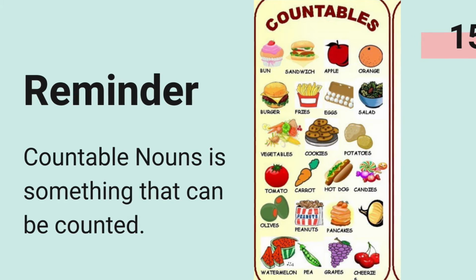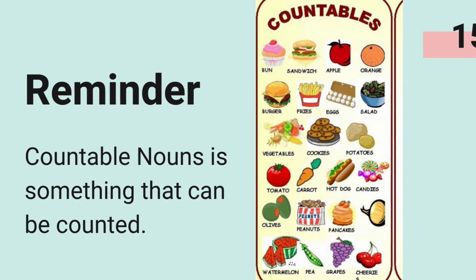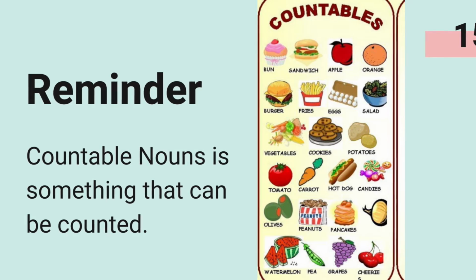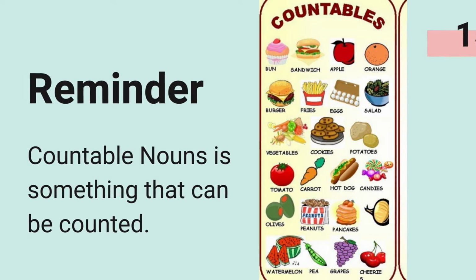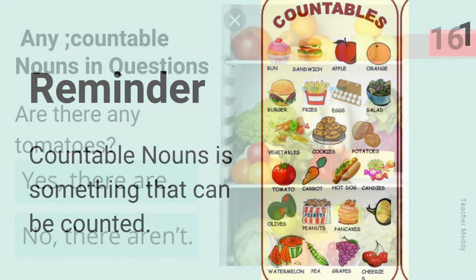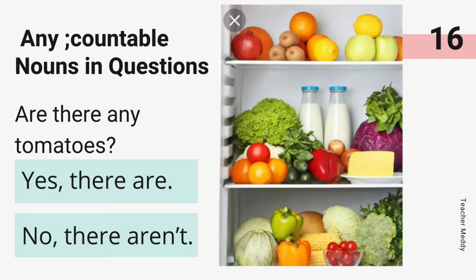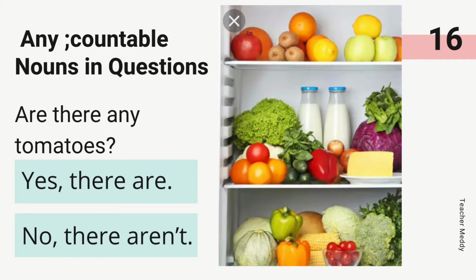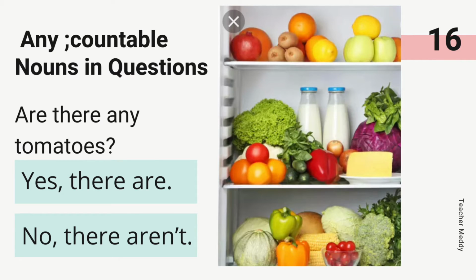Now we are going to learn about any for countable nouns in questions. For countable nouns in questions, they are going to start the question with are. Okay, for example, are there any tomatoes?